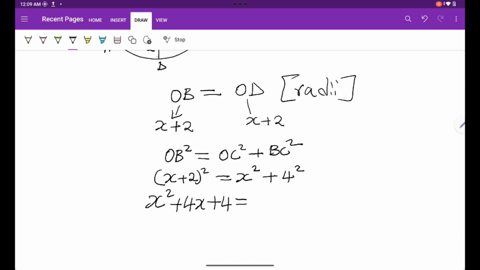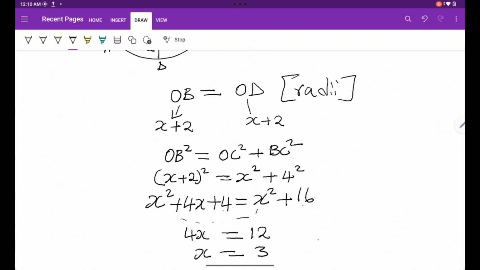We need to be careful on how we remove this bracket. If you cannot go straight to the answer, you might break it down as (X plus 2)(X plus 2). This equals X squared plus 16. Taking the X squared to this side, we subtract it, so we are left with 4X equals 16 minus 4, which gives 12. Divide both sides by 4, so the value of X will be 3.